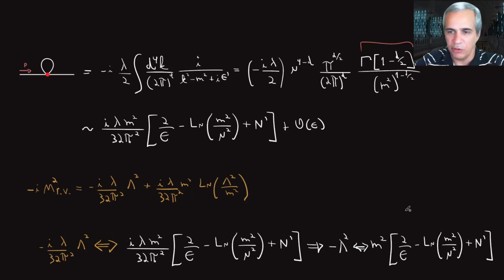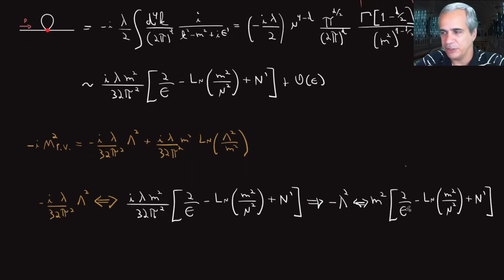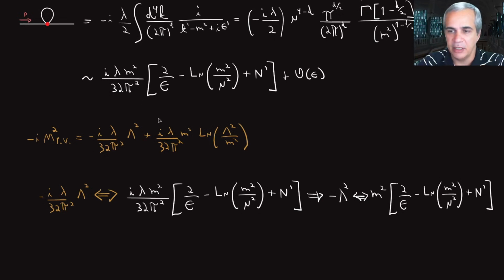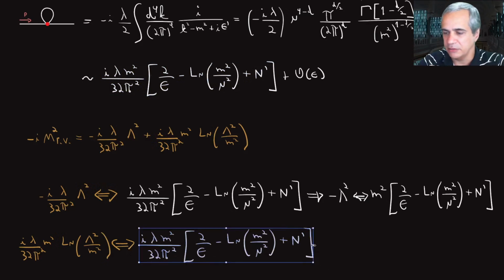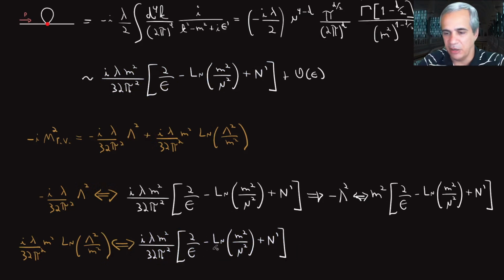Now, on the other side, if you want to match the logarithmic divergence on the Pauli-Villars side with what you're getting from dimensional regularization, there are a lot of simplifications here. You see the mass is on both sides, so it simplifies, and the logarithm of the mass too, right?